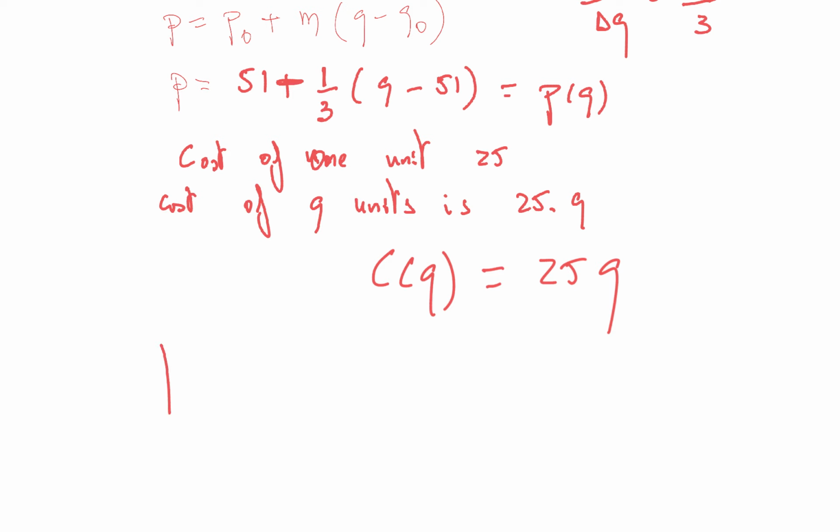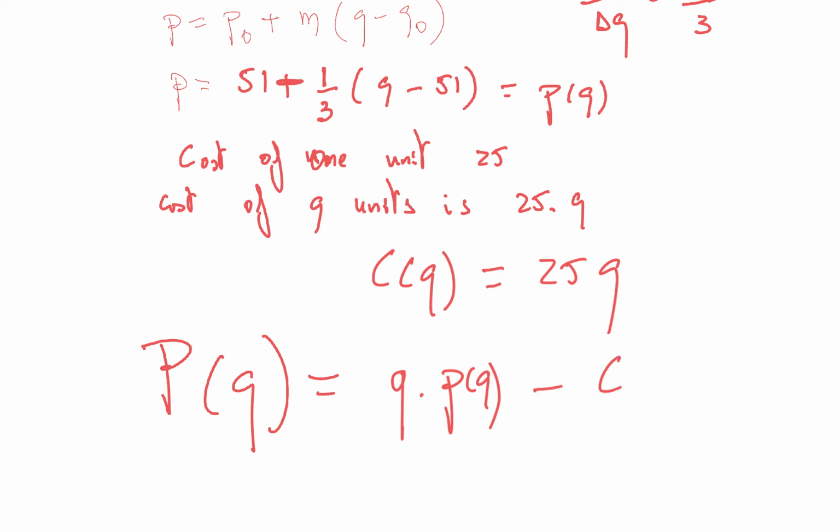And the profit, for the quantity that you sell, is Q, the quantity, multiplied by the price P of Q, minus the cost C of Q. This quantity Q multiplied by P of Q is the total amount of money.